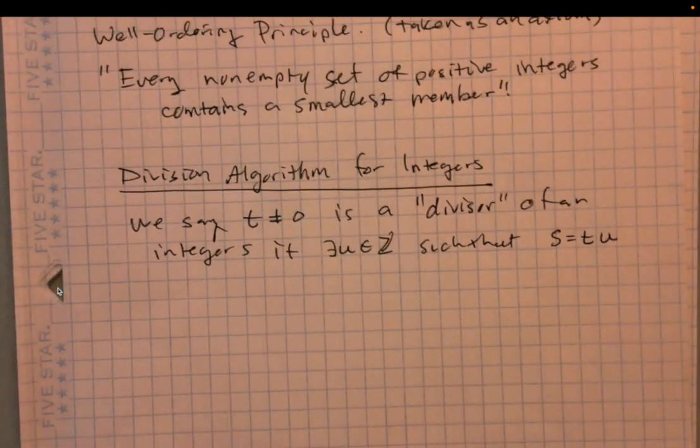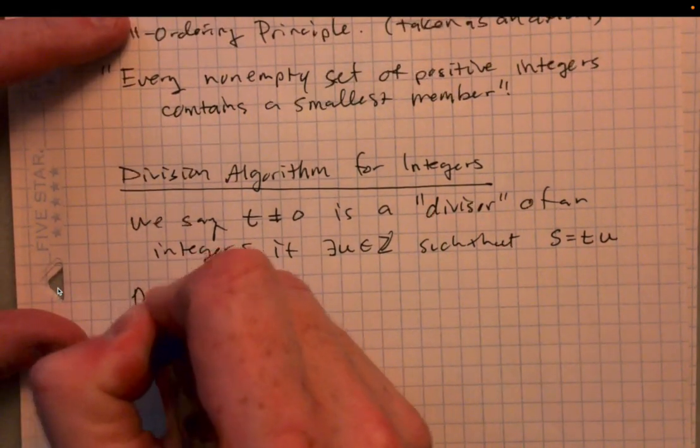Okay, so this is the idea of a divisor. t has to be non-zero, and it's a divisor of s if there exists this other integer u such that s is equal to t times u.